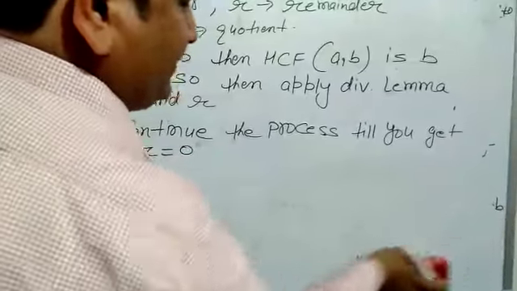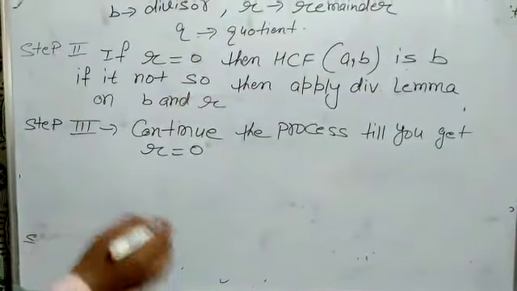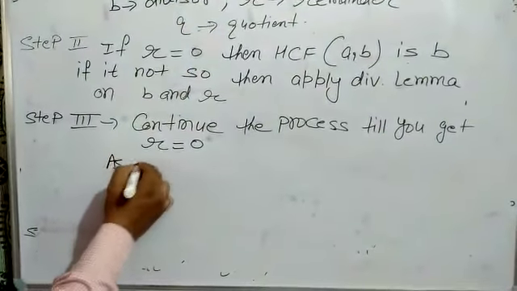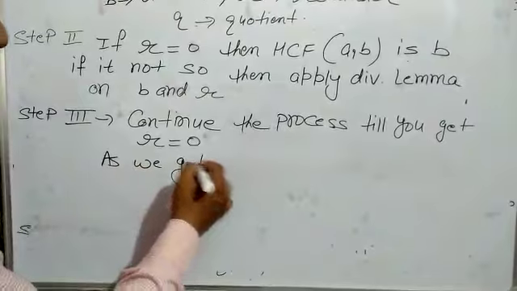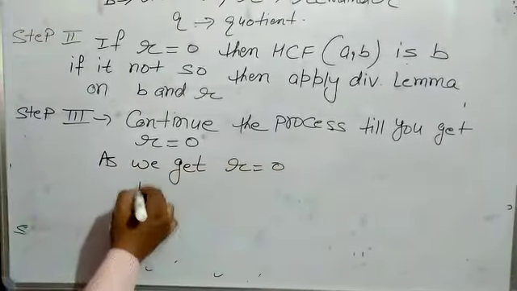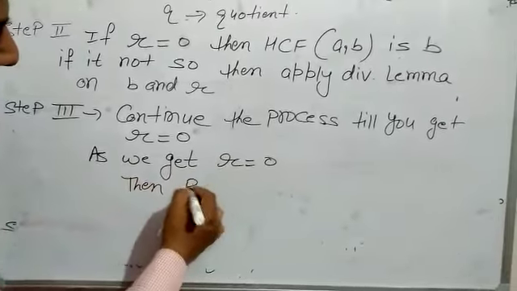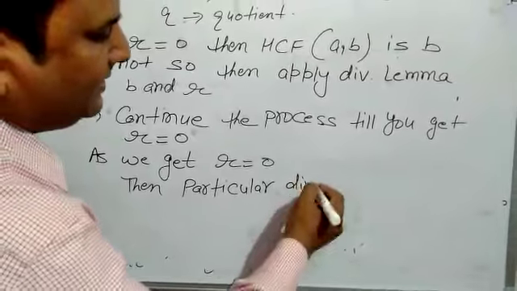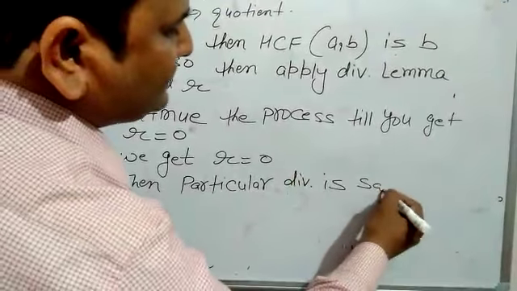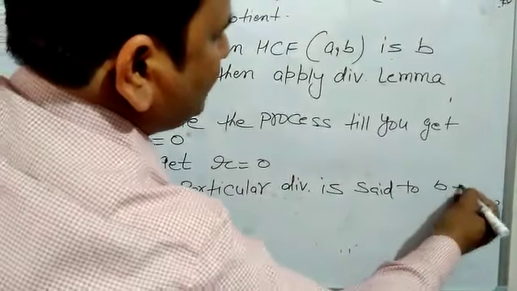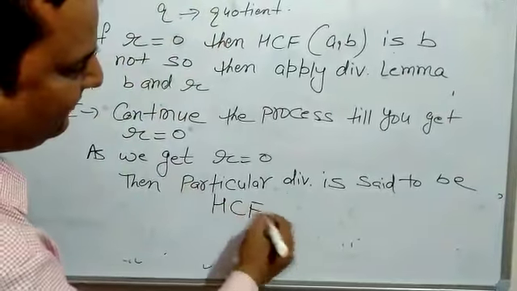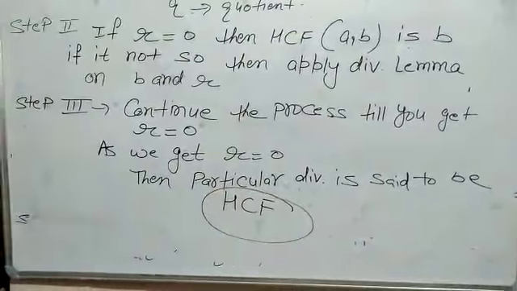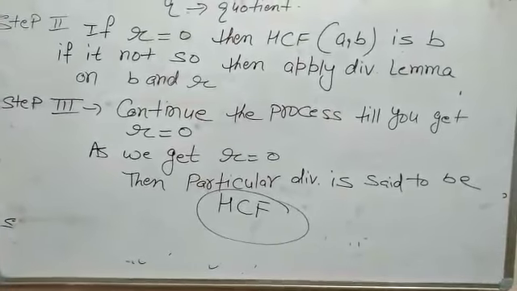At last, where you get remainder 0, that particular divisor is said to be our HCF.